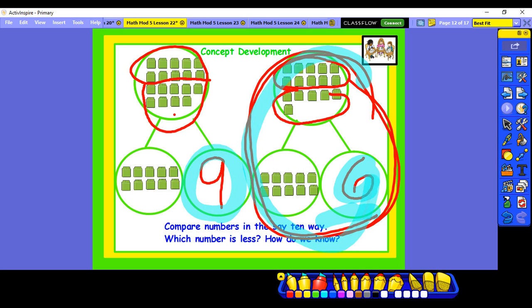So this number bond is less. Can you tell me the teen number to go with this number bond? 16. Can you tell me the teen number to go with this number bond? 19. Can you tell me a complete sentence to tell me which is less?